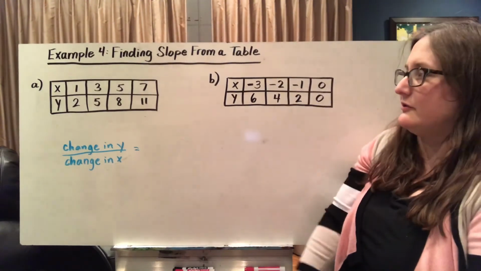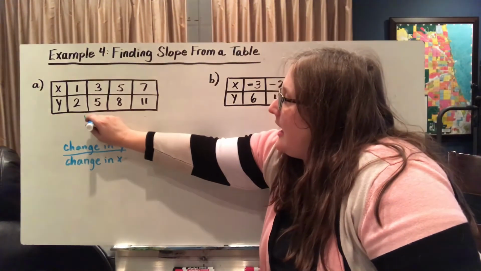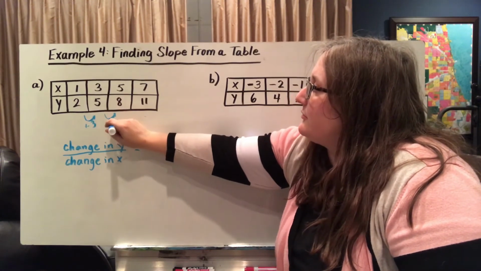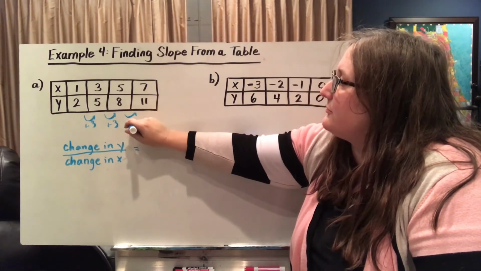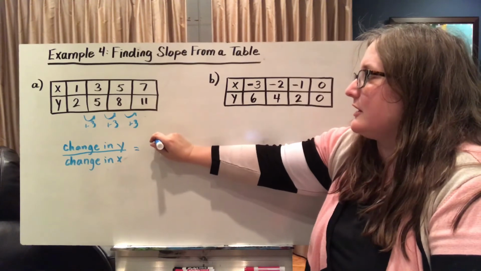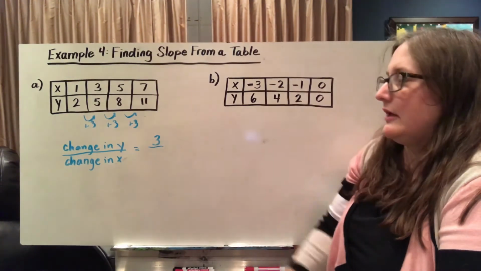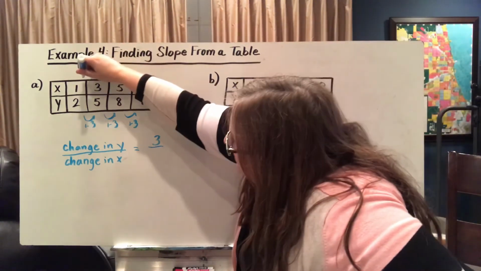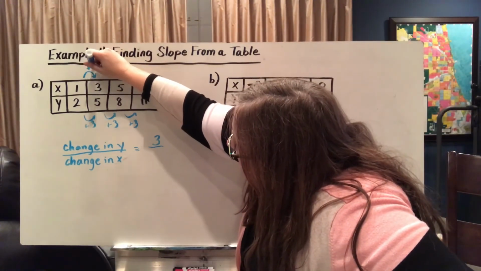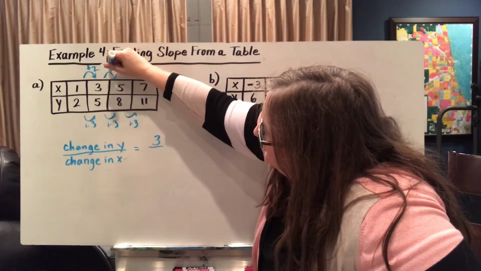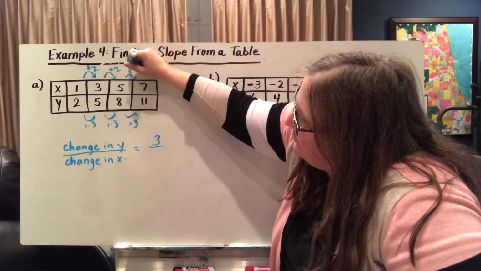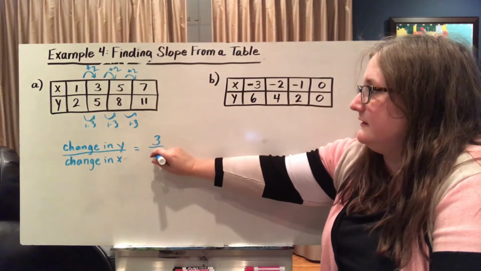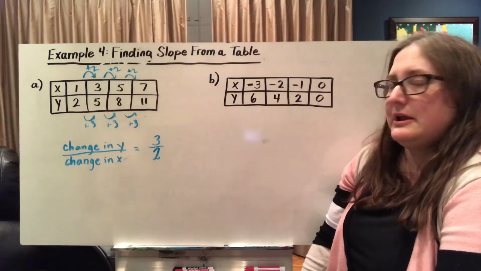So my y values are down here, and I notice that I'm adding 3, I'm adding 3, I'm adding 3. So my y values are always going up by 3. That's my change in y. Then I'm going to look at my x values. My x values are going up by 2, up by 2, up by 2. I want to make sure that's consistent for the entire table, and it is. So my slope would be 3 over 2.